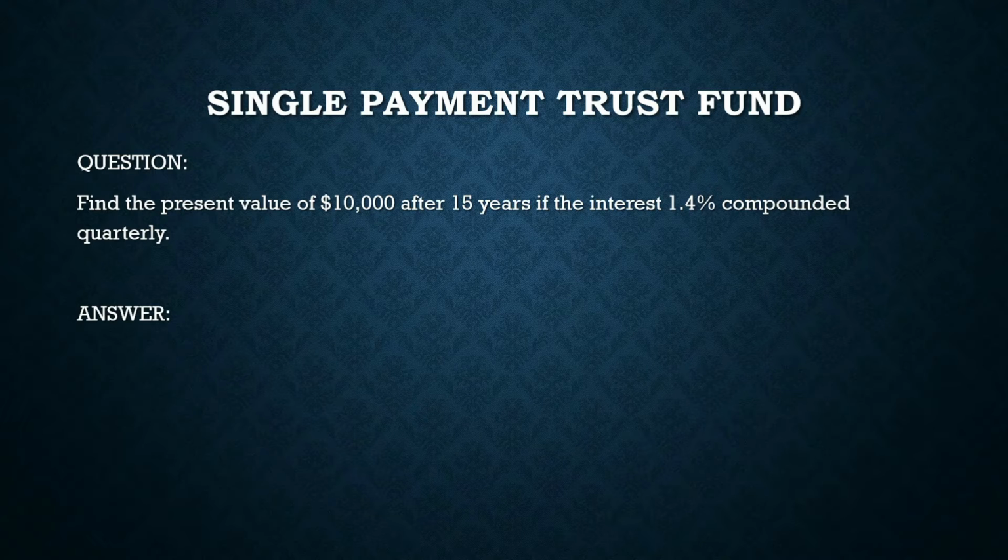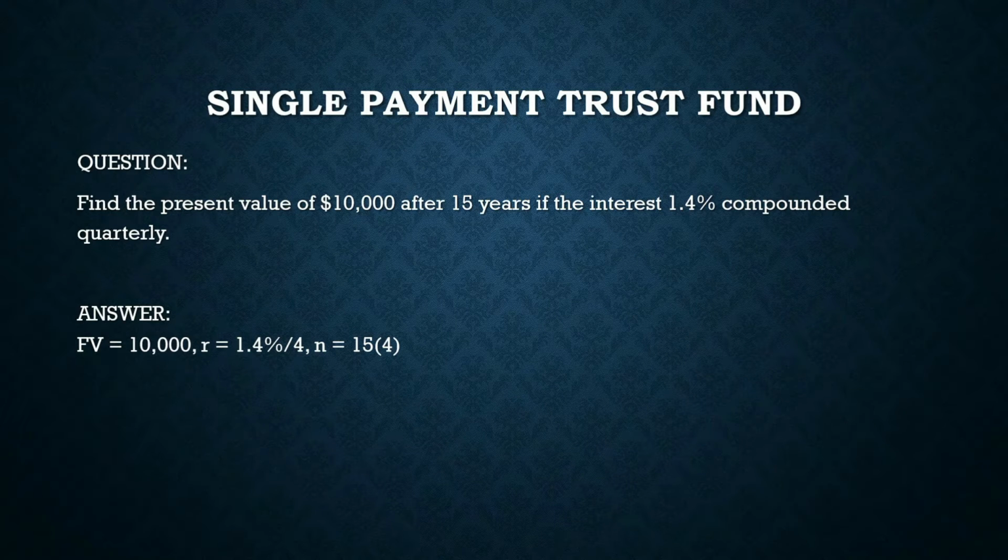Okay, the question I take from an ebook. Find the present value of $10,000 after 15 years if the interest is 1.4% compounded quarterly. Okay, the answer: FV is 10,000 and R is 1.4% divided by 4, and N is 15 multiplied by 4.